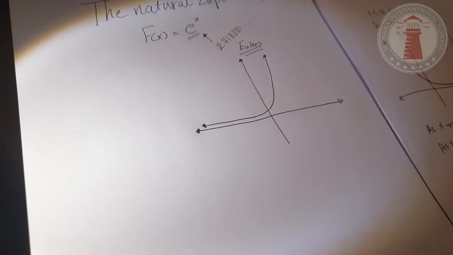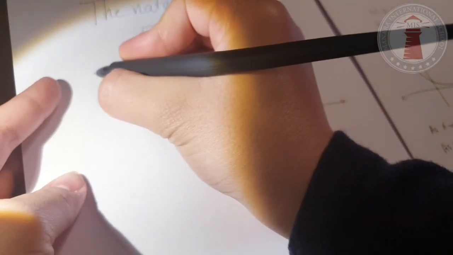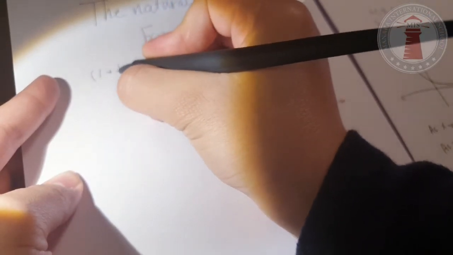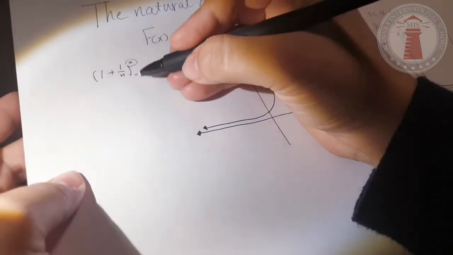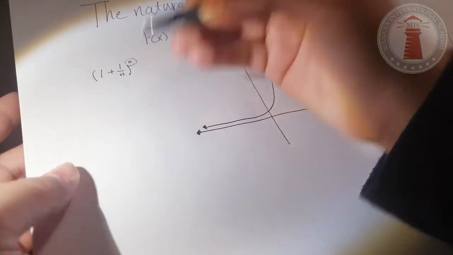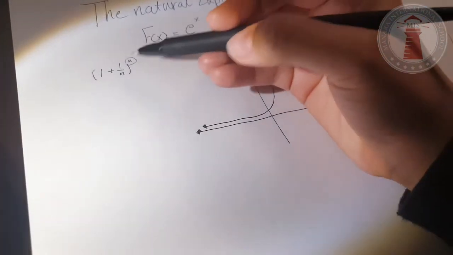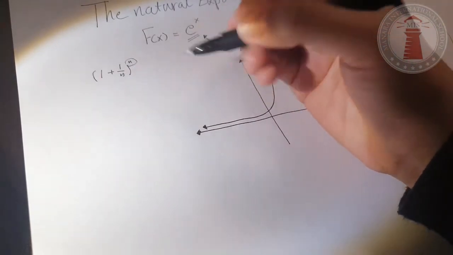And this value was found as the limit of a formula, 1 plus 1 over n, to the power of n. If you put this in the calculator, the more numbers you put here, the more accurate a value you will get for this number. Just put any number in your calculators and let me know what you found.